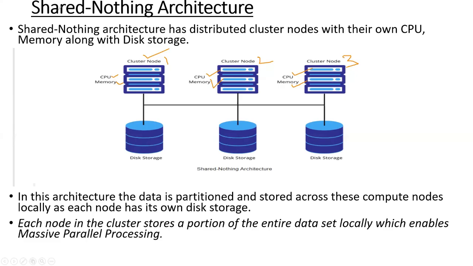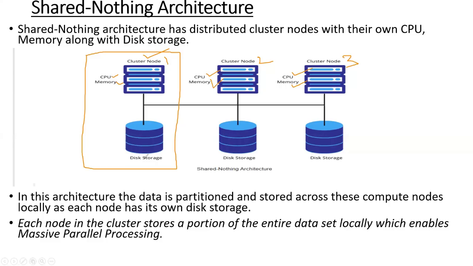In shared nothing architecture, we have its own disk storage for its own cluster. This is cluster node 1. For this node 1, we have CPU, memory, and disk storage also.